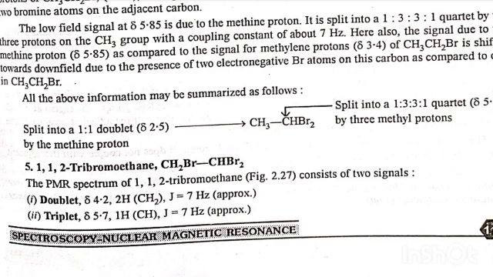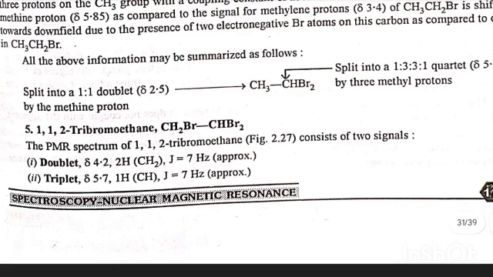It is split into a 1:3:3:1 quartet by the three protons of the CH3 group with a coupling constant of about 7 Hz. Here also the signal due to the methine proton, as compared to the signal for methylene protons, is shifted towards downfield due to the presence of two electronegative bromine atoms on this carbon as compared to one in CH3CH2Br.